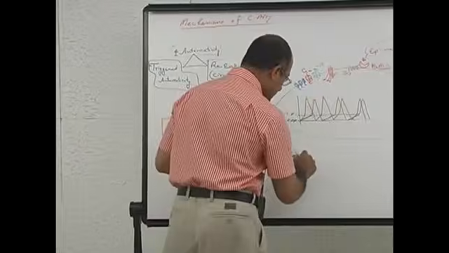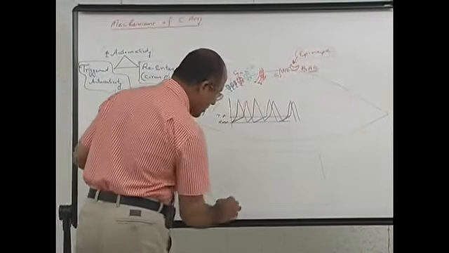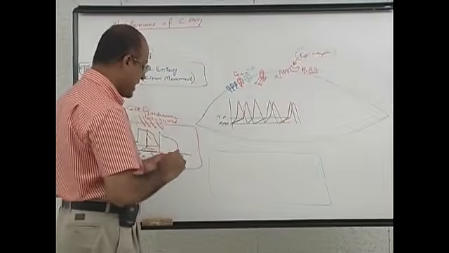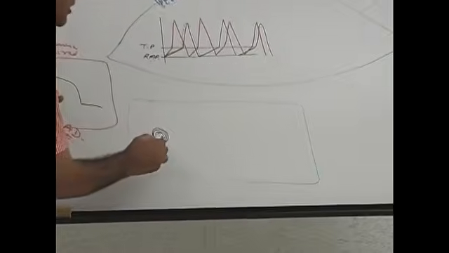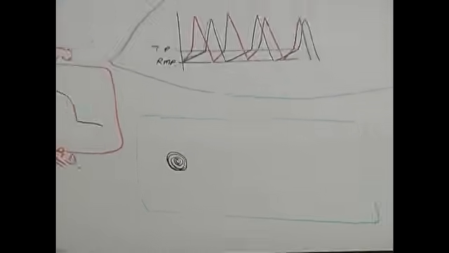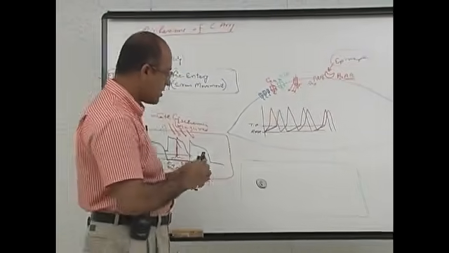Let's suppose this is a piece of myocardium, and let's suppose there is some area which is electrically not excitable. For example, this is a scar in myocardium, and it is electrically not excitable. Now listen carefully.